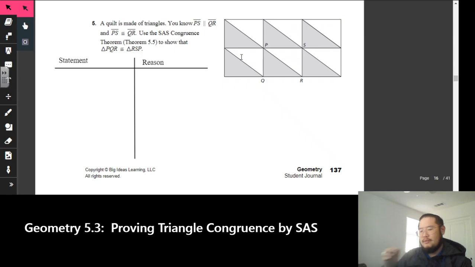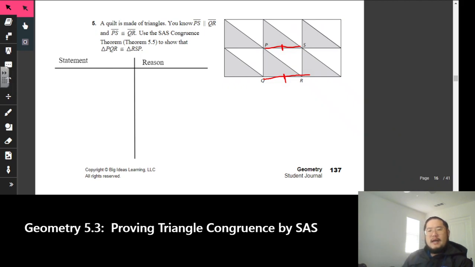This one's actually a good one. So a quilt is made of triangles, and they're telling us that segment PS and QR are parallel. They also tell us that PS right here is congruent to QR.